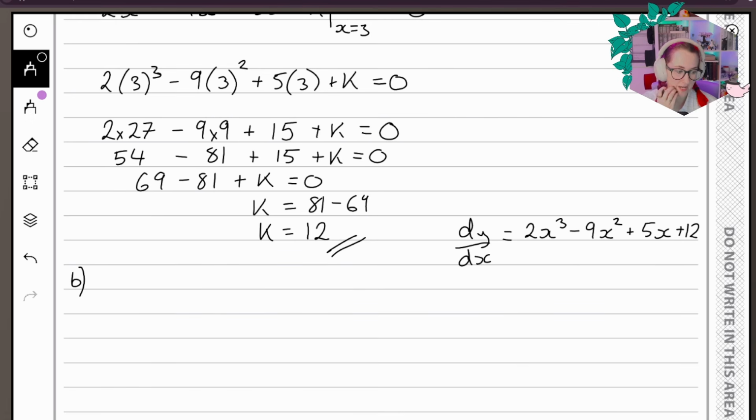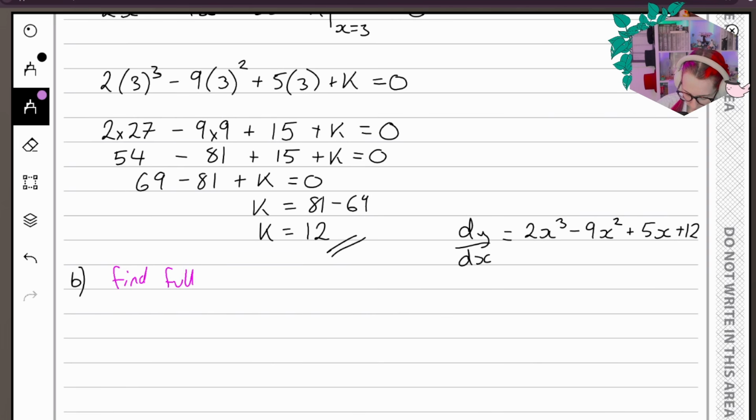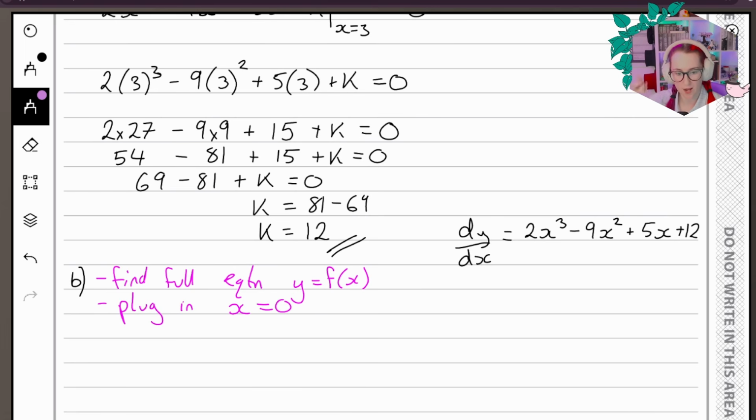That's the expression for dy dx. So needing to find where it crosses the y-axis, our goal here is basically to find the full equation y equals f of x. So find out what f is and then plug in values where x equals 0, because that's where it crosses the y-axis.